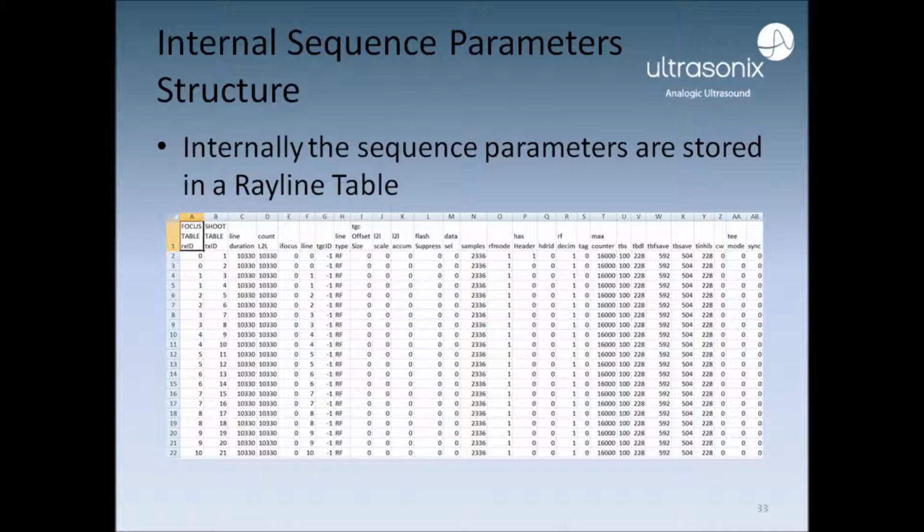The sequencer goes over the ray line table row by row, performs the transmit and receive, and moves on to the next row. The columns of the ray line table mainly deal with the timing of the transmit and receive. You will learn more about these parameters in the next slide.